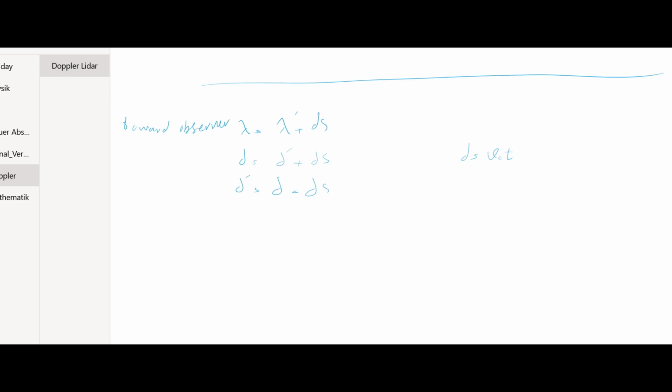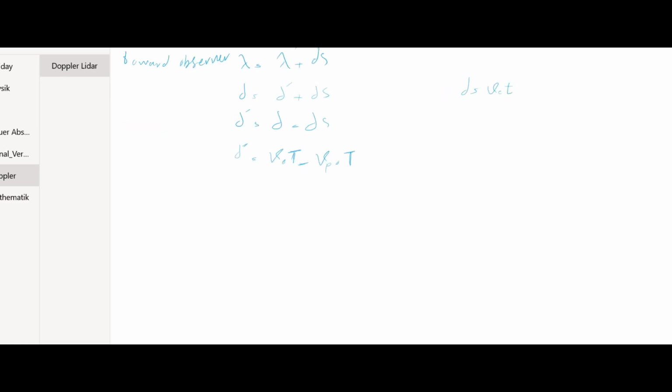Now d prime is traveled in a distance. Let's have it as d prime is equal to the velocity of light multiplied by time, which is our period, minus the velocity of particle multiplied by exactly the period.